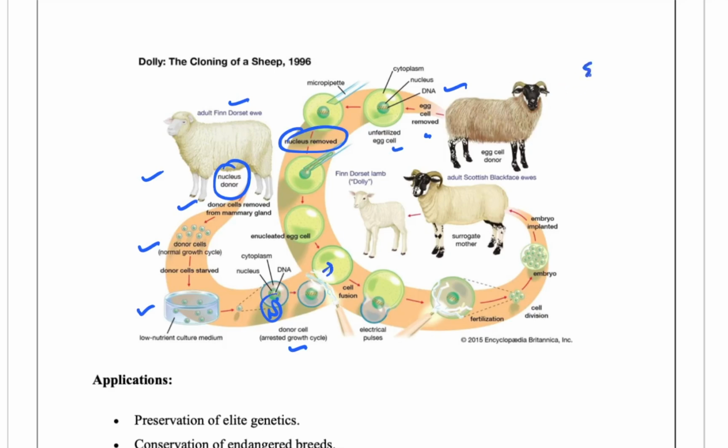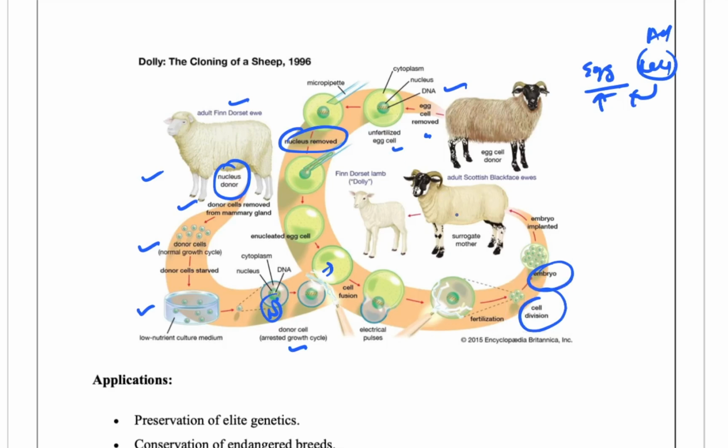So one sheep gave you an egg without nucleus, the other sheep gave you an adult cell with nucleus, and you take the nucleus from this one and enter it into this egg. Now the cell fusion is done, fertilization will happen, and then cell division occurs, an embryo will be formed, and this embryo is implanted.